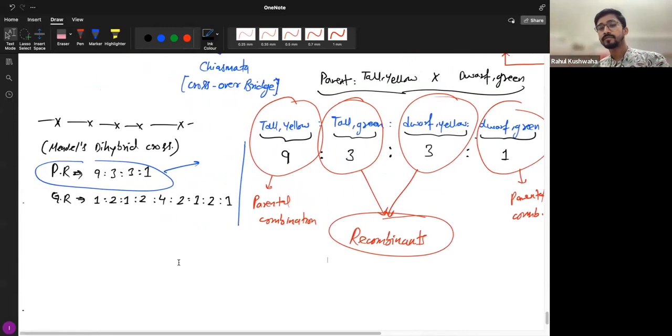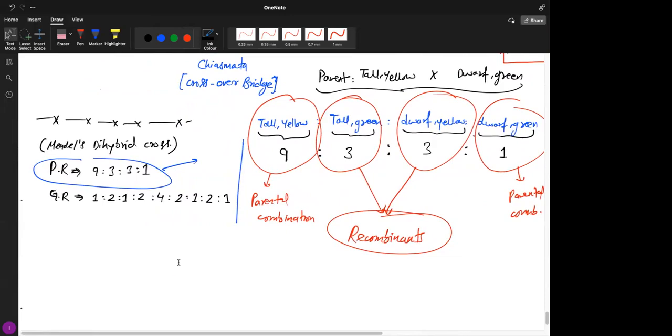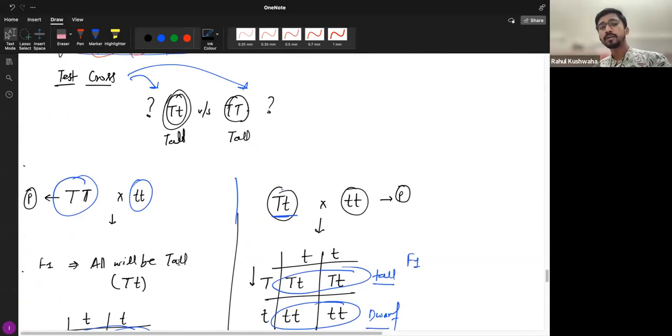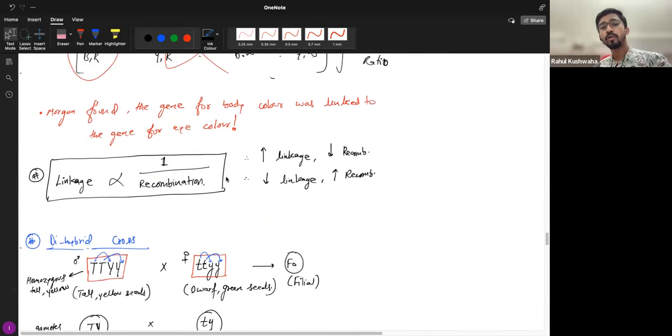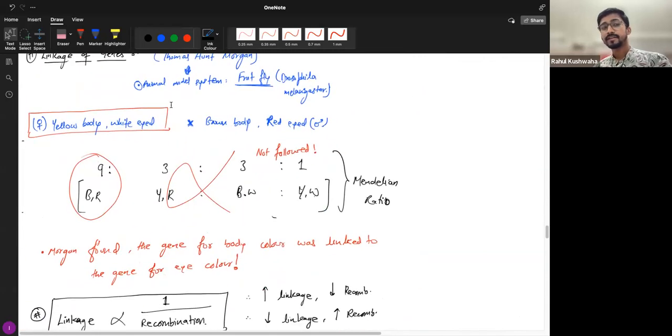This is exactly what the flies did not follow here, and because of which Thomas Hunt Morgan could discover linkage. Make sense now? This was the Mendelian ratio which the flies did not follow after he crossed a yellow body white-eyed with brown body red-eyed. So there was some issue, and the issue was that these two genes were not segregating independently.